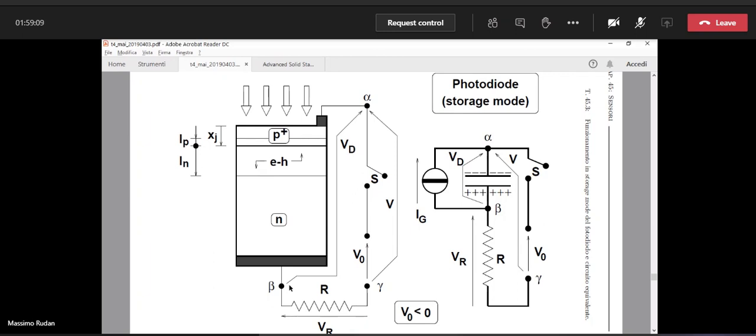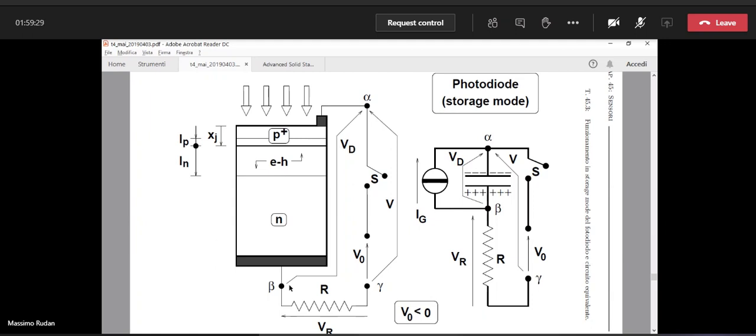And this time is non-negligible, because if we don't restore the initial condition, if we start another integration too early, there will be charge left behind from the previous integration.